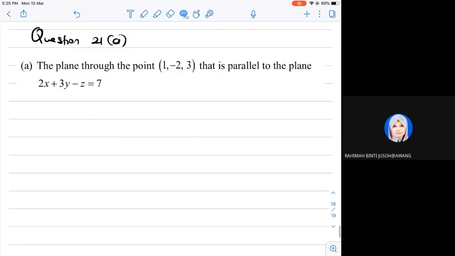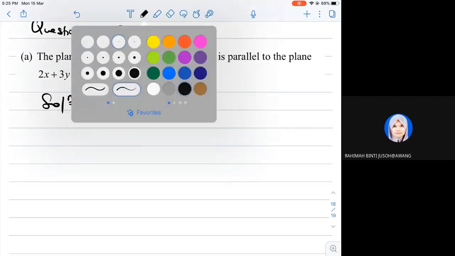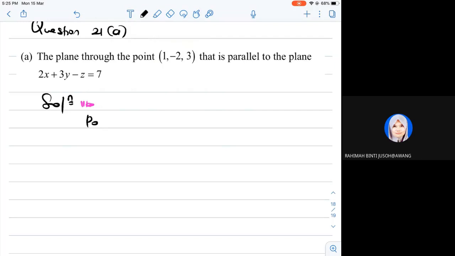Dia nak equation of plane. Okay, dia kata plane tu passing through P0, the point. So of course we know already from here. Okay, solution. We know already from here this is the P0.